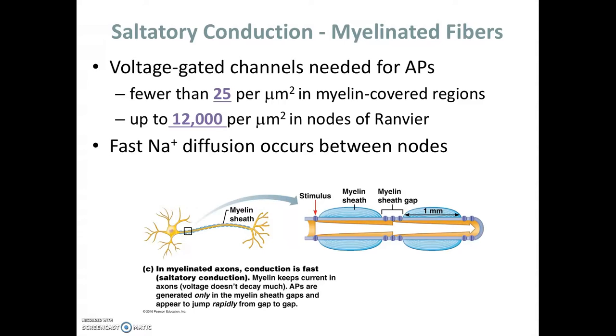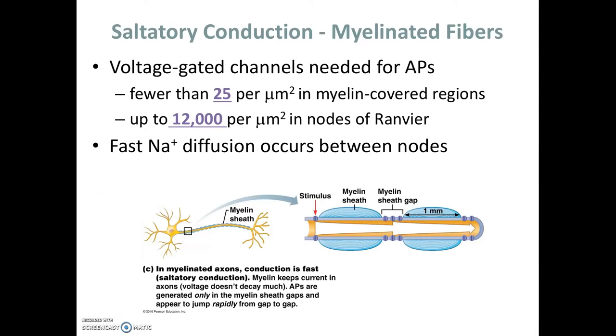Saltatory conduction occurs in myelinated fibers. These voltage-gated channels are concentrated in the node of Ranvier or the myelin sheath gap. So we have up to 12,000 per square micrometer in the gaps and fewer than 25 in the myelin covered regions.